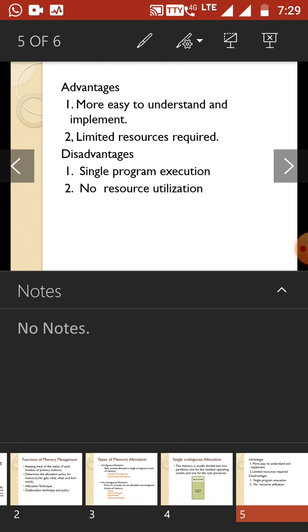So from the 65th byte the high memory area starts. From 0 to the 64th byte is the low memory area, where only the OS program is available. From the 65th byte to the 144th byte is treated as a single block. In this block only one user program is allocated. This is treated as a single contiguous portion.